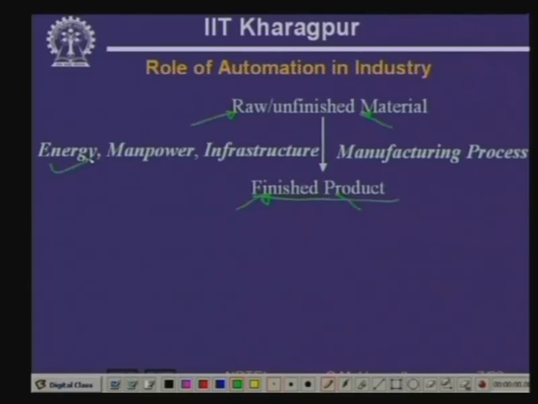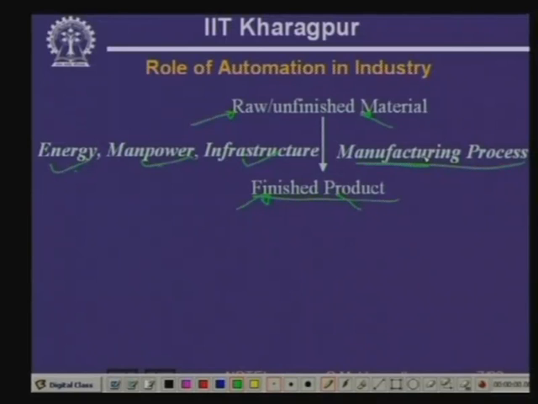How does it do that? For doing that, it requires several things. For example, it requires energy, it requires manpower, and it requires infrastructure of various kinds. It requires land, it requires equipment, it requires water, power, etc. So, all these I have categorized into three different types.